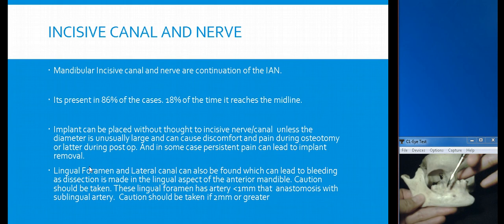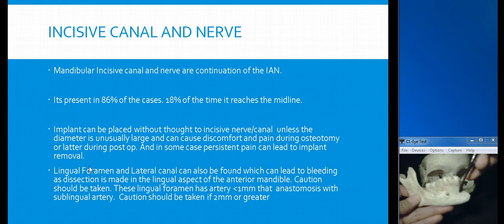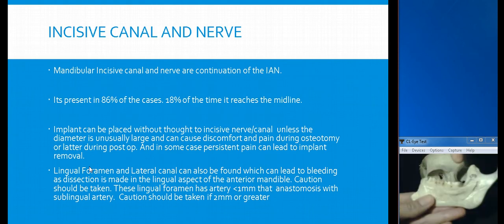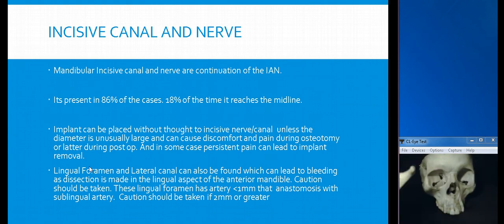So as you can see, this is the mental foramen. Part of the branches move forward, innervate the incisors, and then go on the back side of it, and it comes out on the lingual part of the incisors. So it's present in 86% of the cases.